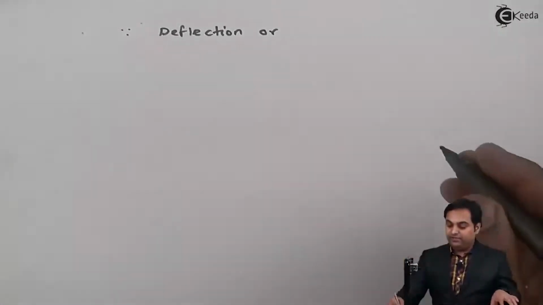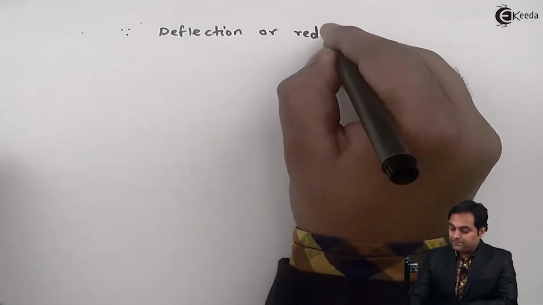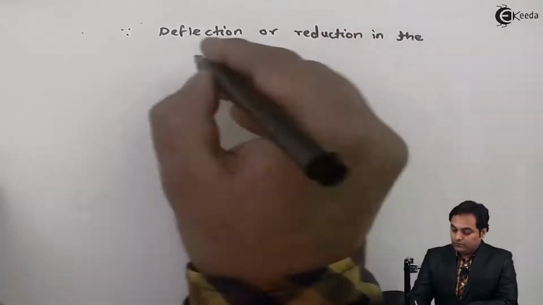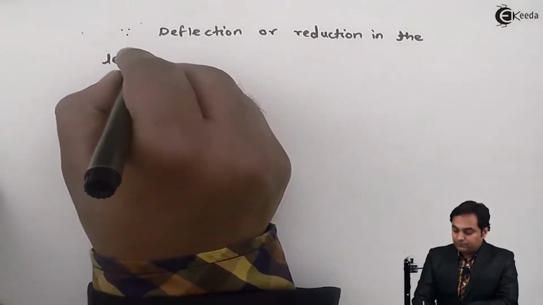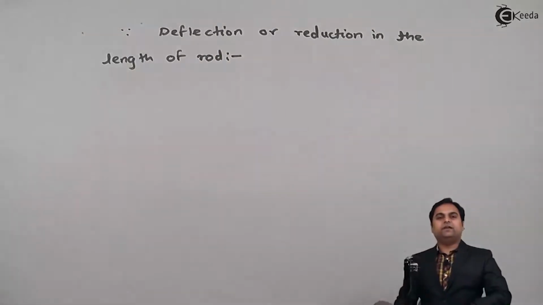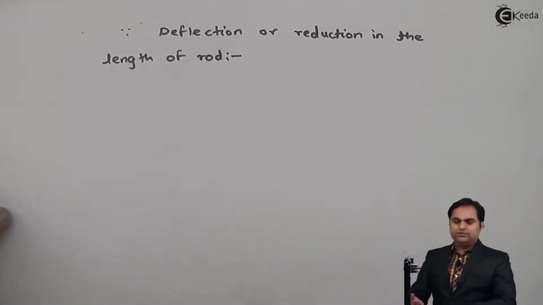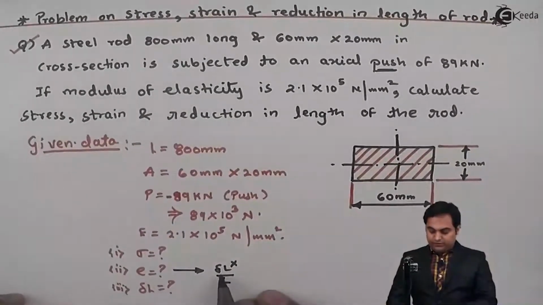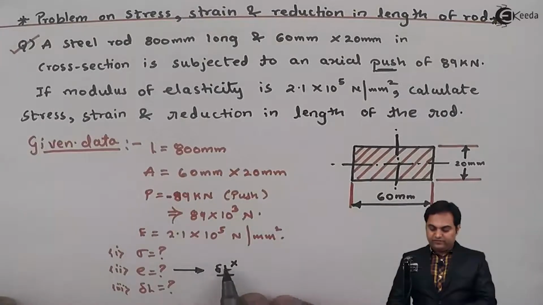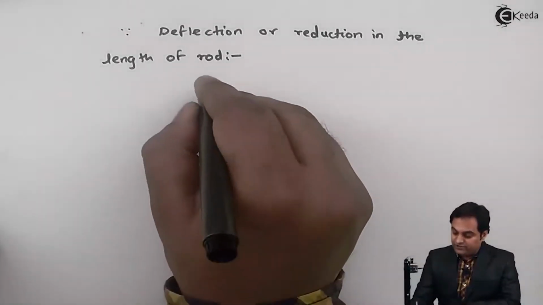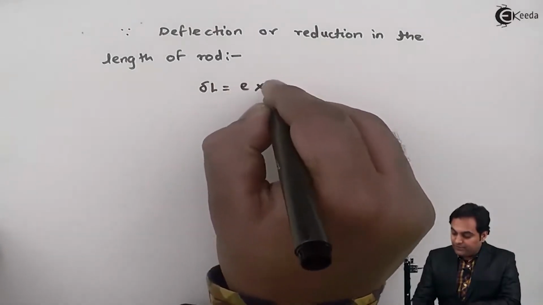So here deflection means it is reduction in the length of rod, and that reduction can be calculated again by using the concept of strain, since strain was equal to deflection upon original length. Deflection, this is what we have to calculate. Strain we know, so we can directly use it. That is, deflection is equal to strain multiplied by original length.